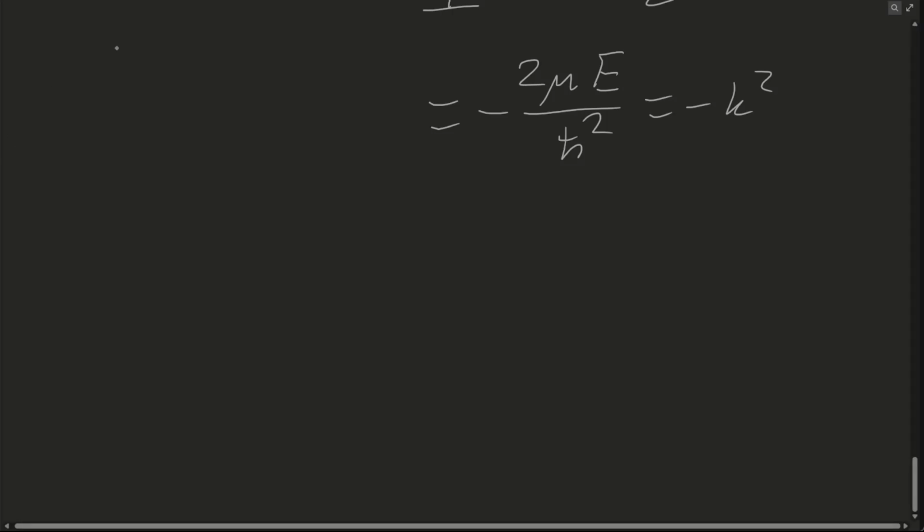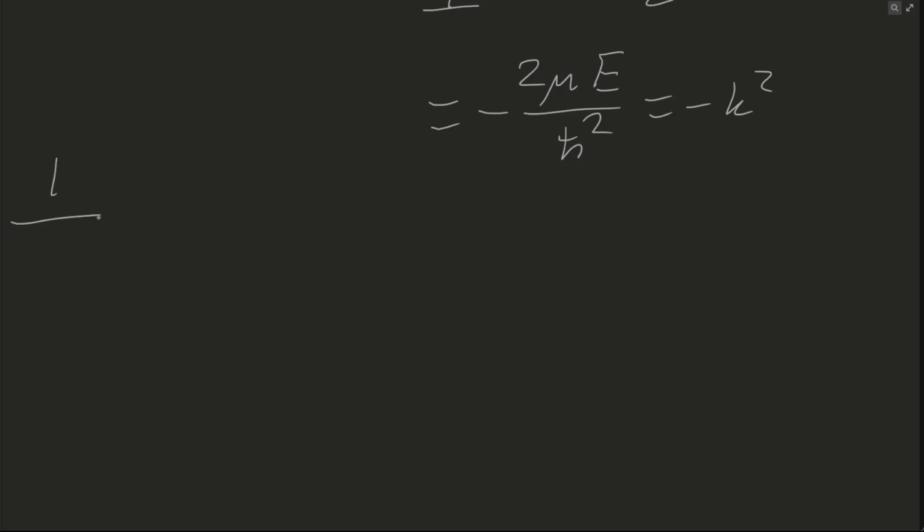We can isolate the z component. So 1 over Z times Z double prime is equal to minus k sub z squared. What function could possibly fulfill this? I wonder.